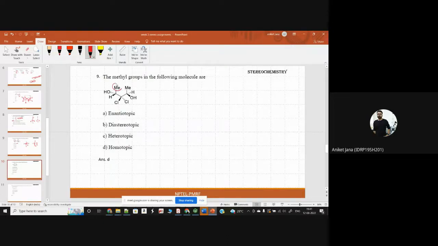These are the two methyl groups, right? We have to replace these methyl groups with another group like CD3 and then check what happens.